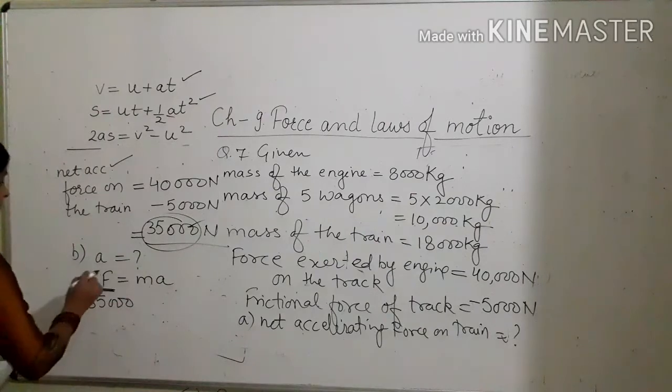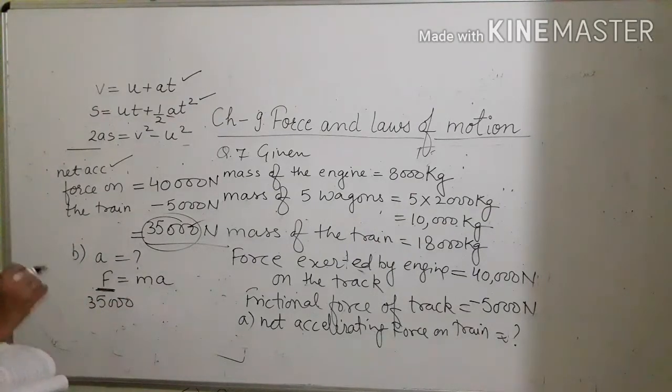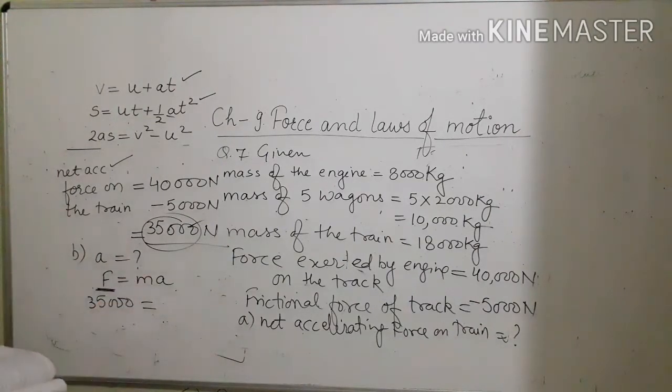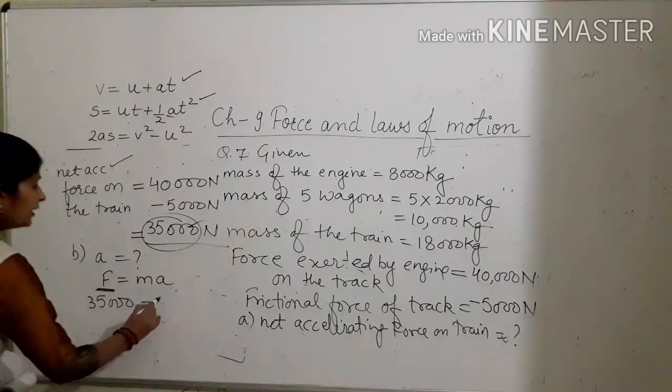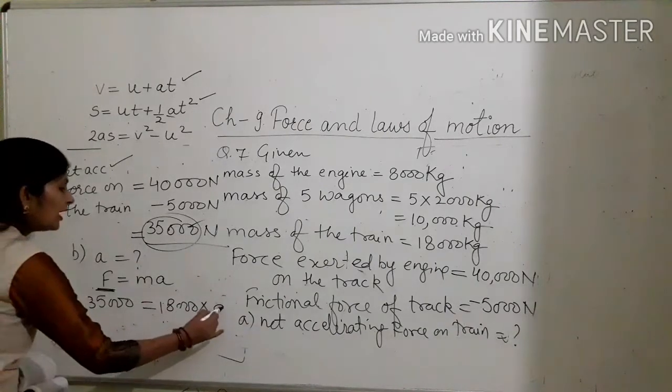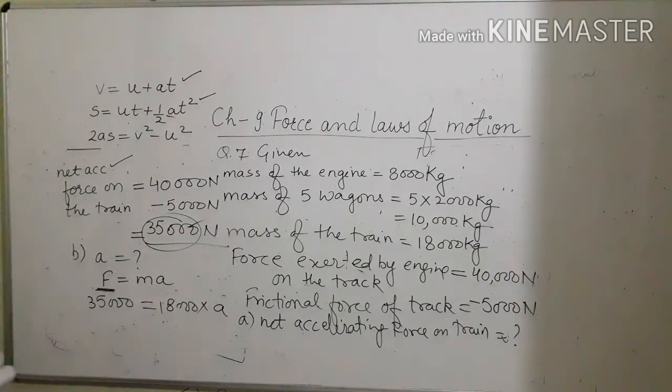So the force which is acting on the train, which makes it move or accelerate, that is 35,000 Newton, is equal to, what is the mass of the train? Mass of the train is 18,000 kilogram into acceleration of the train, that we have to find out.